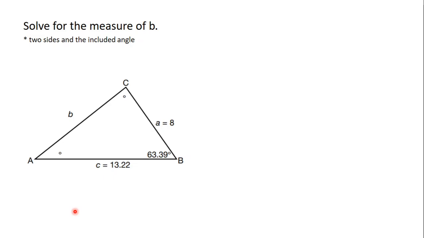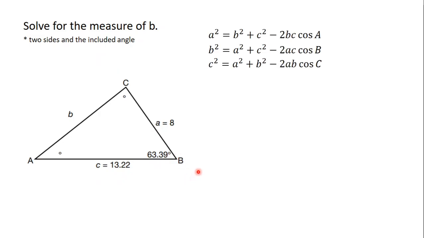So given this triangle, we are asked to solve for the measure of side B. If we're going to analyze what parts are given, these are two sides, side A and side C, and the included angle, that is angle B. So which among these laws are we going to use?